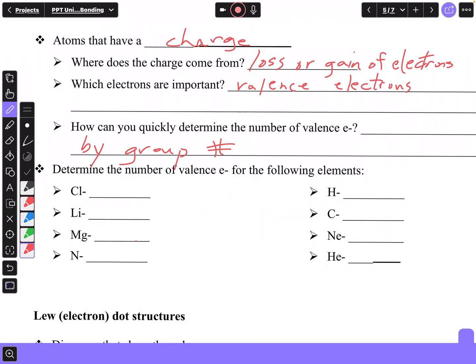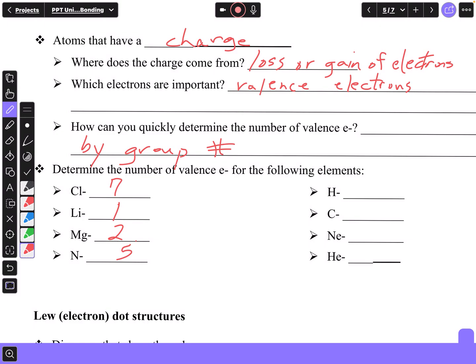Now, chlorine is in group 17 or 7A, so it's going to have 7 valence electrons. Lithium is in group 1 or 1A, that has 1. Magnesium is in group 2 or 2A, so it has 2. Nitrogen is in group 15 or 5A, it has 5 valence electrons.